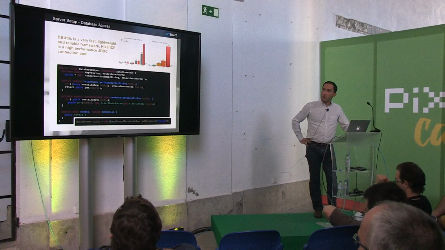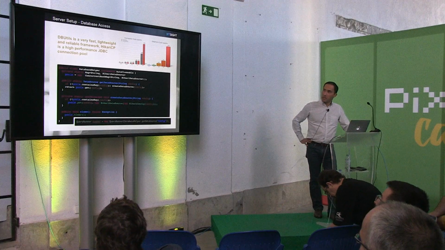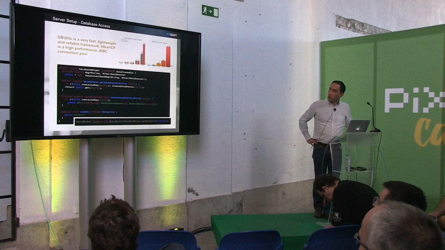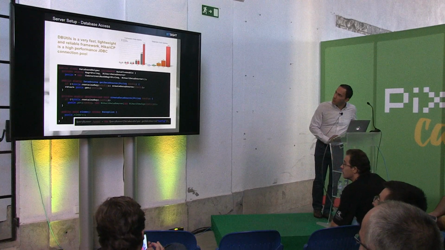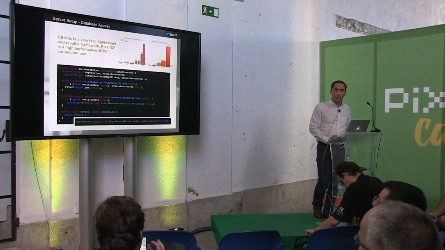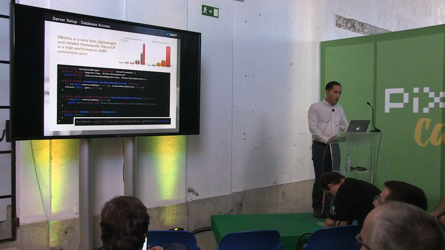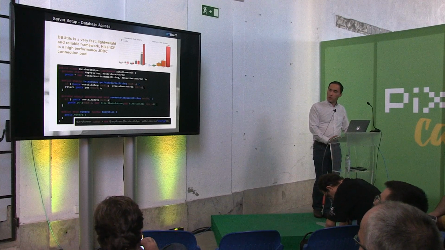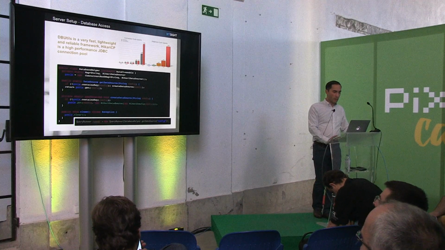HikariCP is known to be very fast on connection pool management. It's one of the fastest on the internet, beating all the frameworks, including the one I used previously, DBCP, the Apache Commons database pool. So these two together give you a very fast database layer and a very fast connection pool layer.